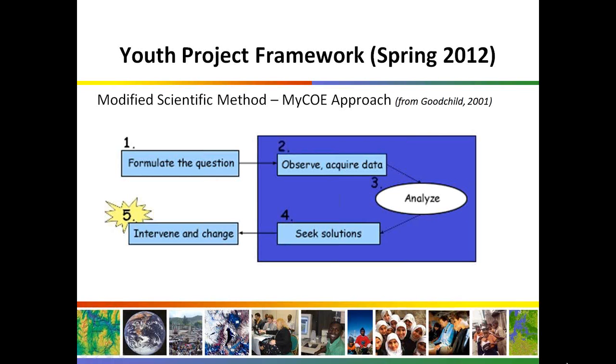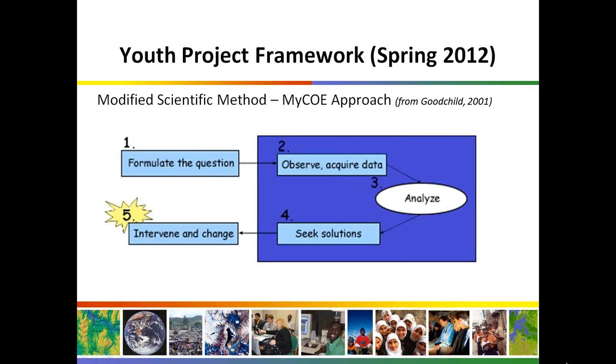And this is the MyCOE approach that we've used in the MyCOE projects. So as you're thinking about these different topics, you want to keep this 5-step method in mind, because it's a good way to structure an investigation so that it engages your students.